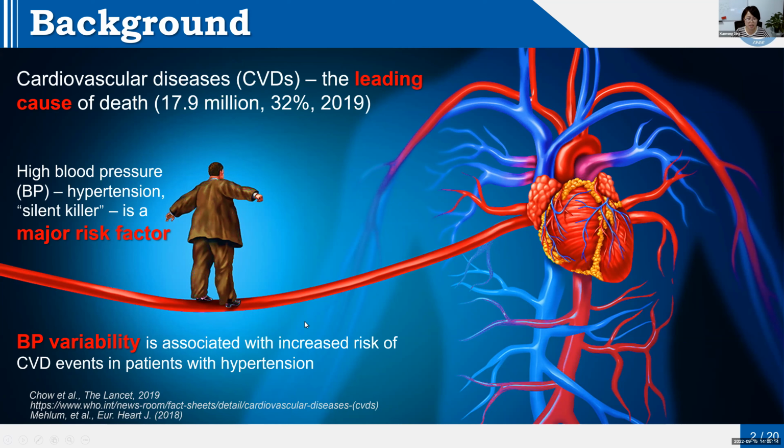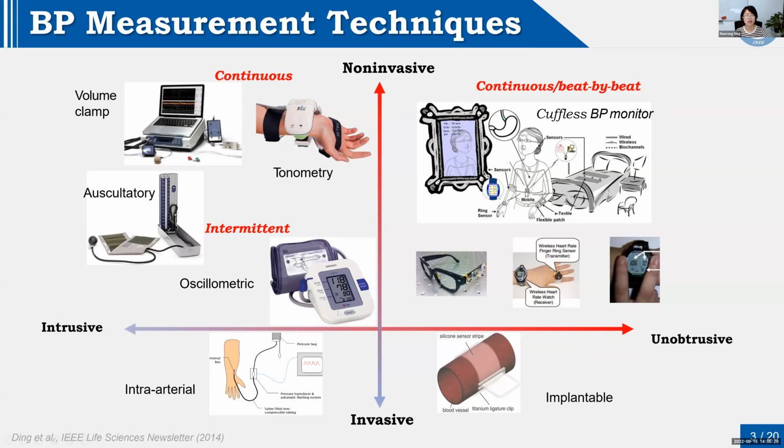So it is very important to monitor blood pressure and the dynamic blood pressure to get early prediction, early detection and prevention of hypertension and hypertension-related cardiovascular disease. For the blood pressure measurement techniques, currently we can divide them into 2 dimensions: whether it's invasive or non-invasive, or if it is intrusive or unobtrusive.